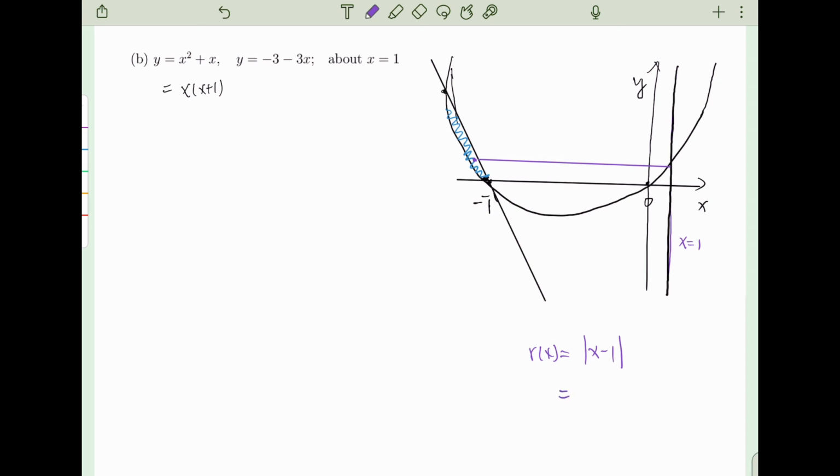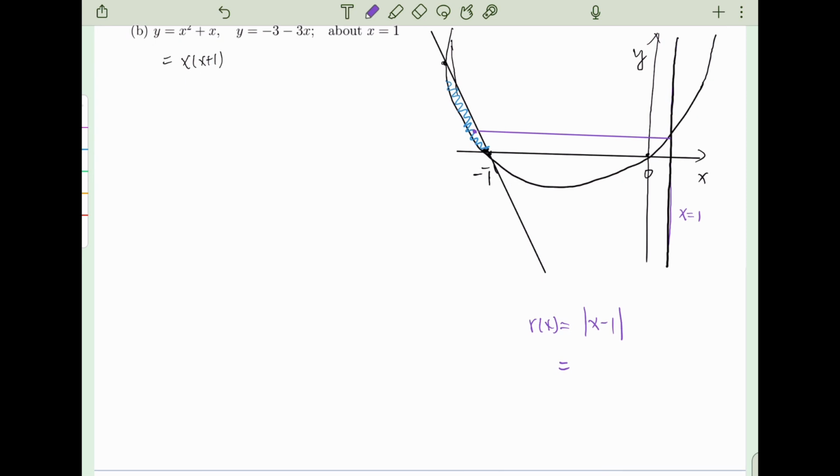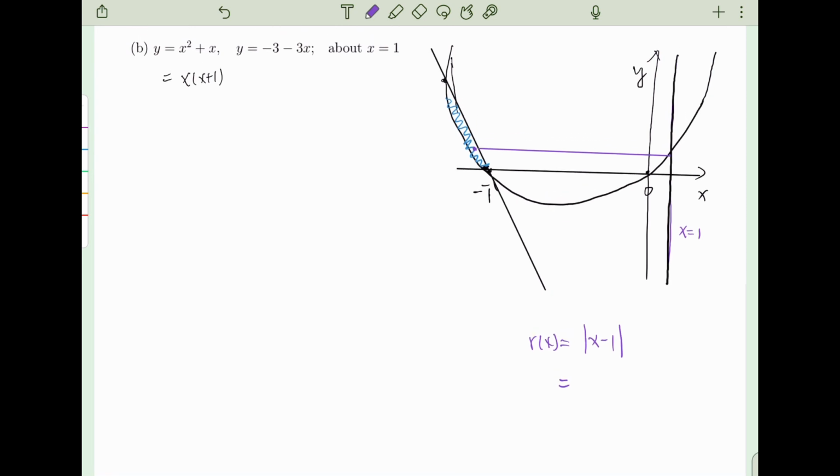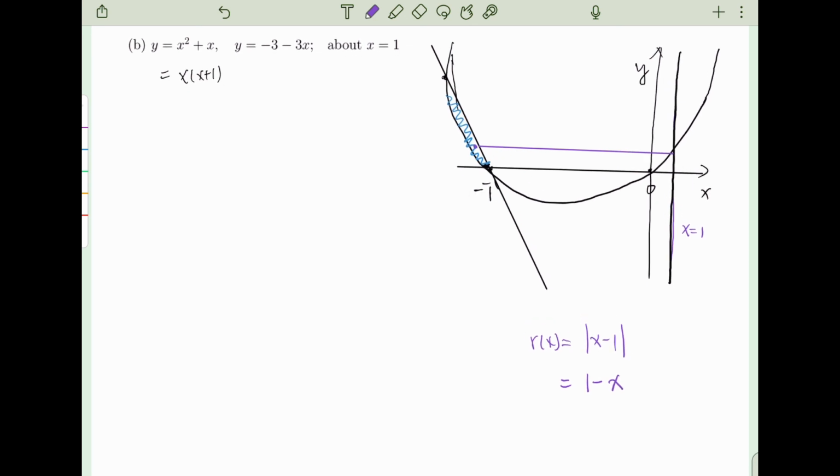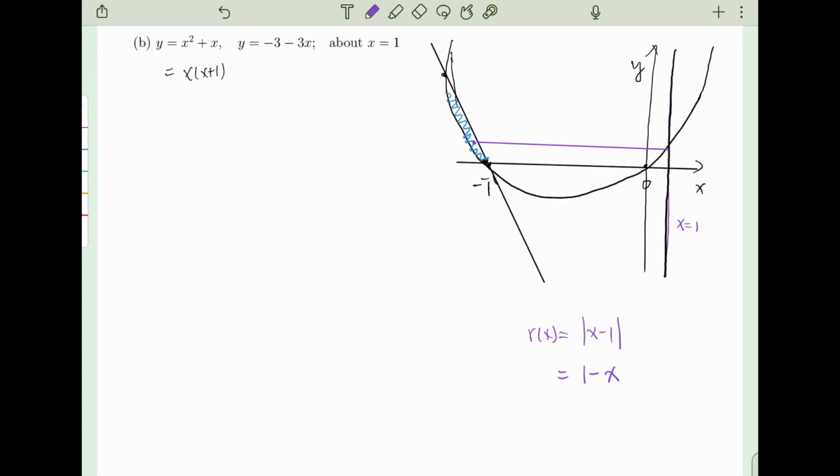Absolute value indicates the difference. And because in this case x is less than 1, because x is negative, if you write x minus 1, it does not make sense. So it should be 1 minus x instead. Right? Because x minus 1 is negative. Distance here, radius, is always positive. So flip the sign.